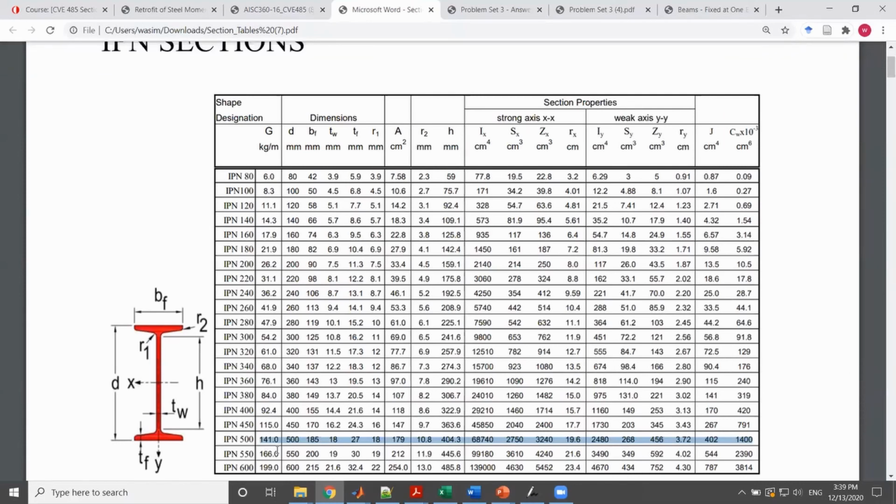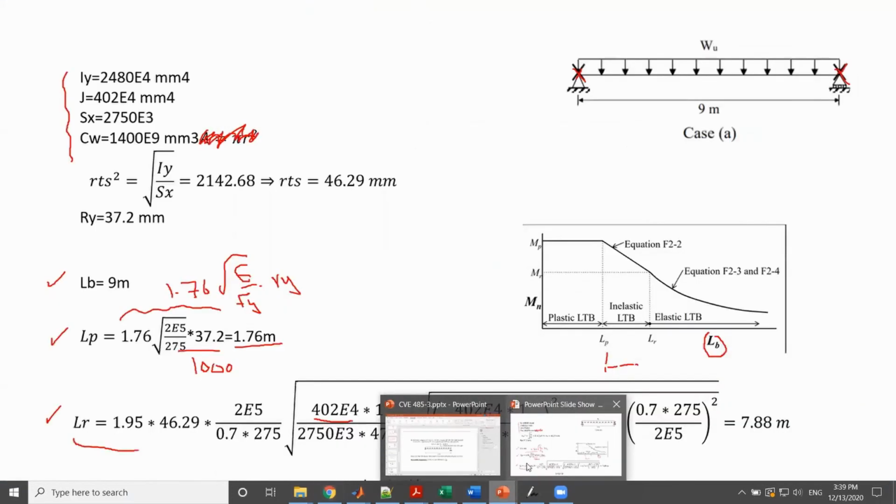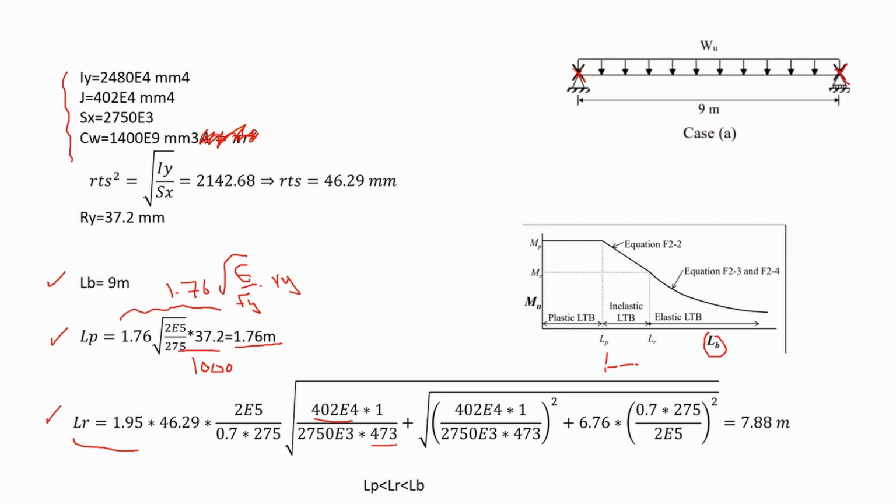So the whole depth is 500 minus thickness of flange 27. And what would you get? 500 minus 27, you would get 473 as shown in here. So again, for ho, we show it in here. It is the distance from this point, the centroid of this flange, to that flange. That's your ho.